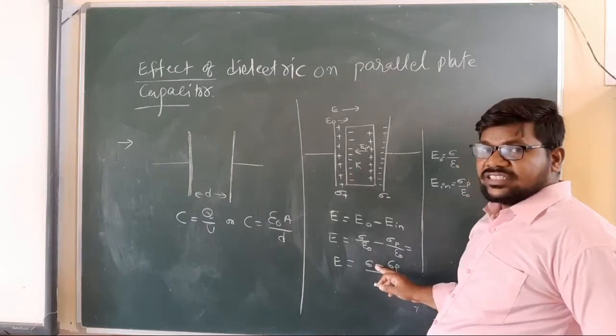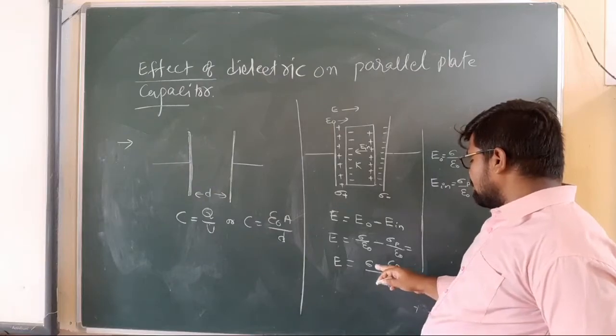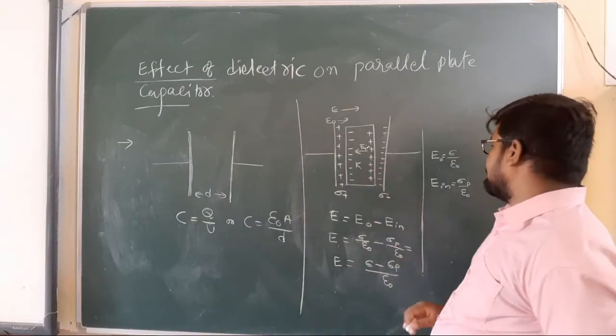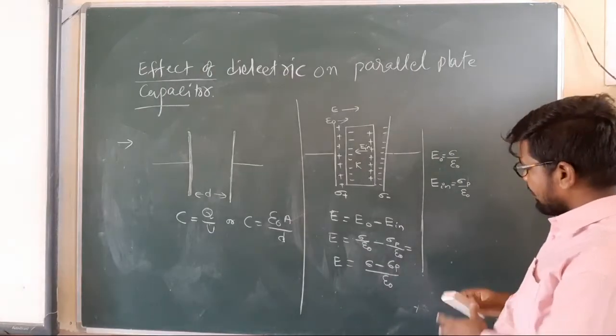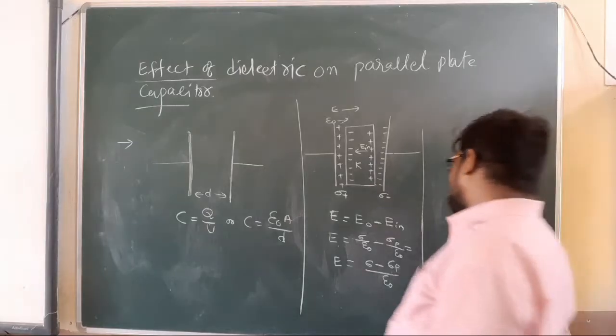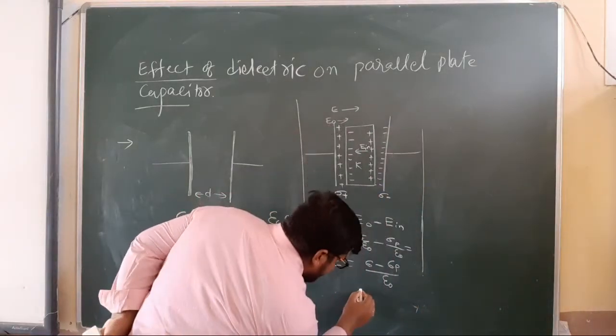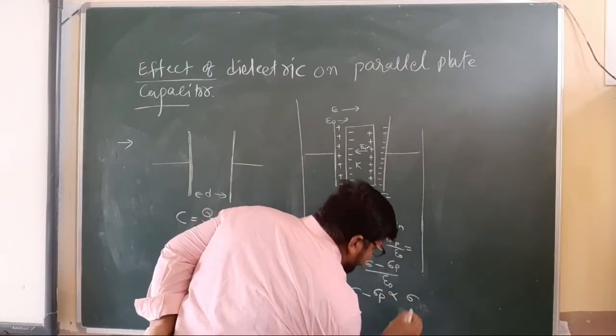The reduced charge density is directly proportional to the charge density of the capacitor. You have to write sigma minus sigma P is directly proportional to sigma.